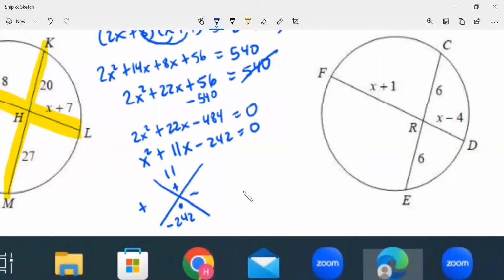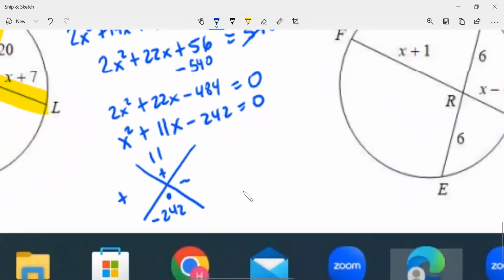Now think of the factors of 242. Intentionally, for this example, I picked a hard number. Your homework will be a little bit easier. Remember how to do the factors. This is a refresher from Algebra 1. The factors are basically what multiplied equals 242.